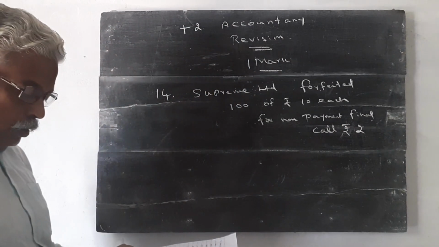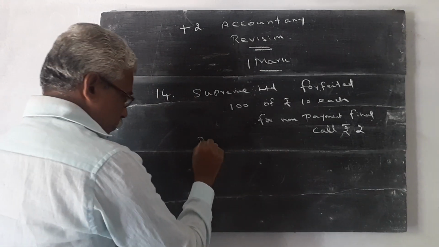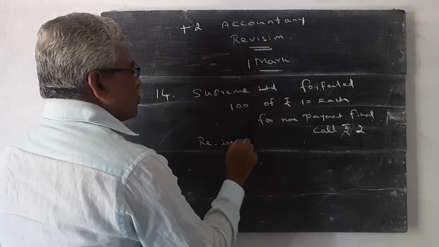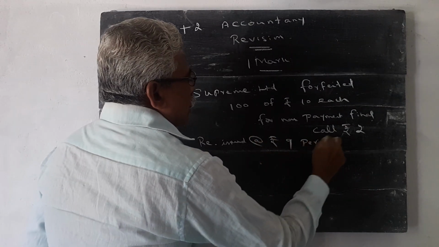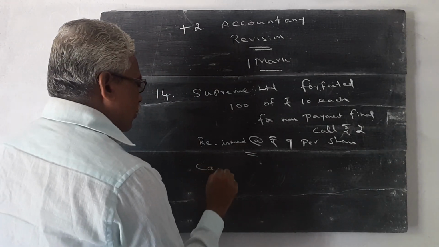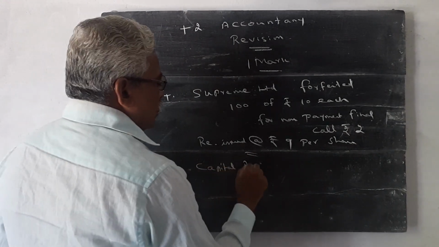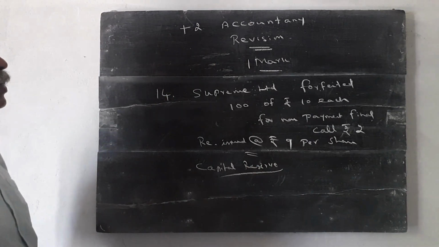Then these forfeited shares were reissued at the rate of rupees 9 per share. How much amount is transferred to capital reserve account? That is the question.